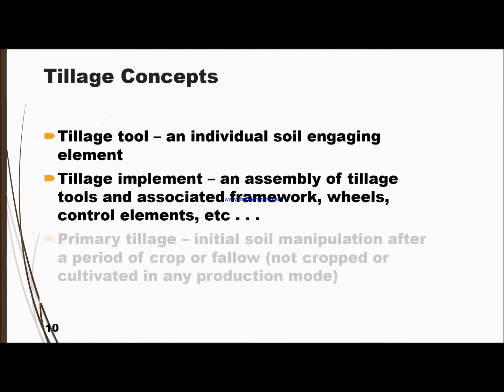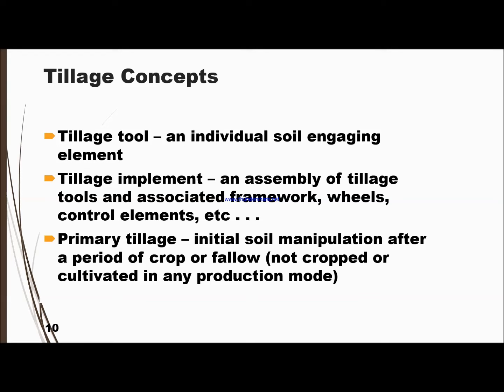For the tillage concept, we have a tool, which is an individual element engaging the soil, and a tillage implement, which is a set of tillage tools: an assembly of tillage tools and associated framework, wheels, and control elements like hydraulic valves, hydraulic actuators, tires, and so on. We call it a tillage implement. The tool is the individual part that engages the soil. Don't get confused.